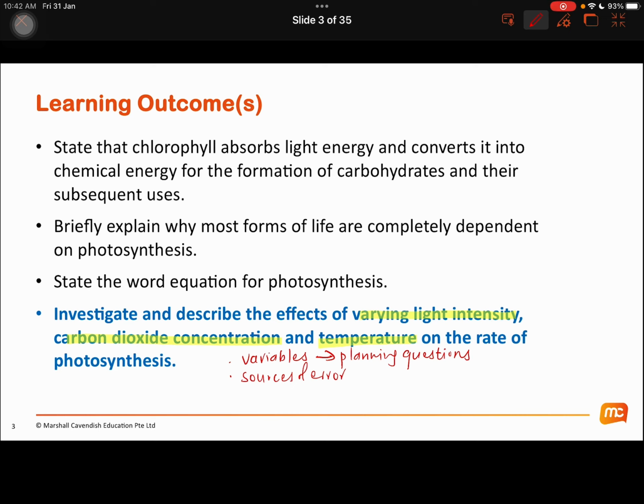How it affects the accuracy and reliability of an experiment, and how we can improve. Okay, and we'll be looking at how to improve the experimental setup after identifying the source of error. So we'll look at that too.